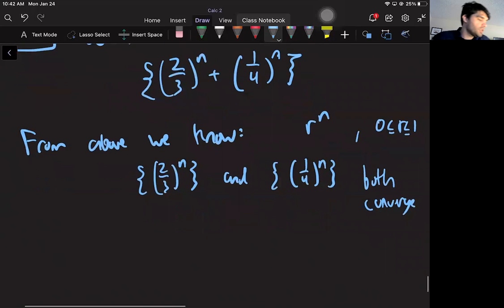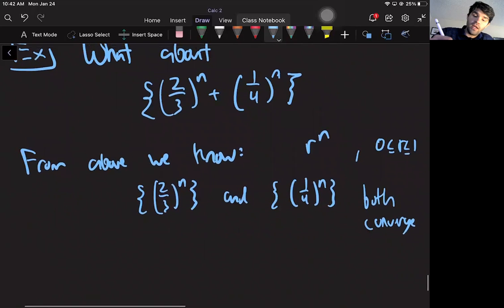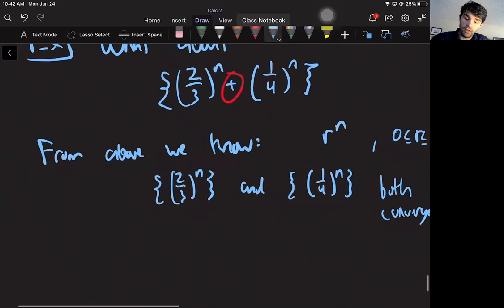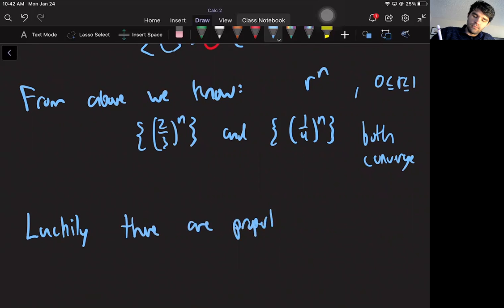So they both converge independently. So how do I deal with this where I'm now adding them together? Well, luckily we can borrow some Calc 1 knowledge about limits. Luckily there are properties of limits coming from Calc 1.